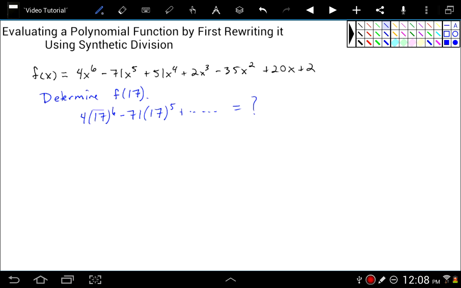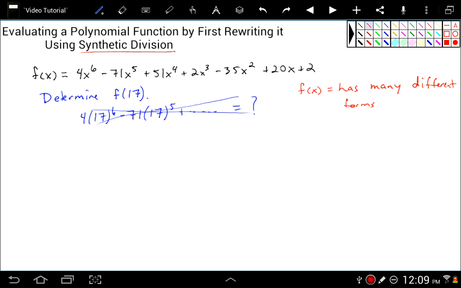The key is, f of x has many different forms. So what we're going to do is come up with a different form using synthetic division that's going to make it easy to determine f of 17.